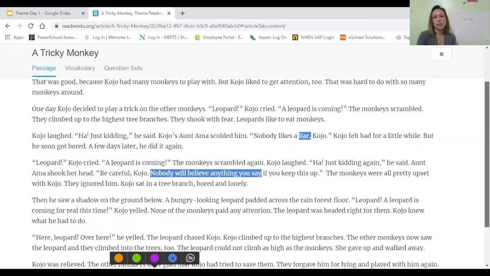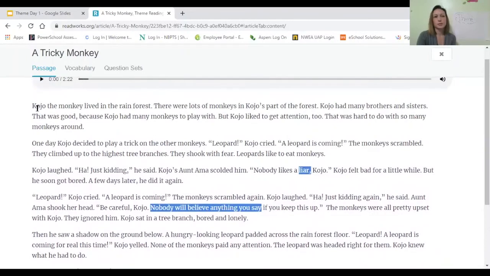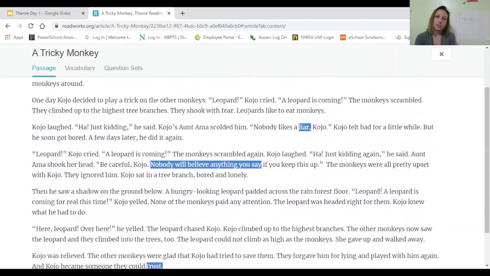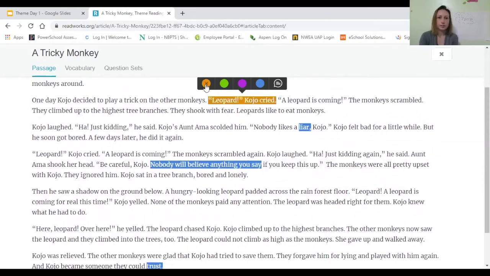So let's look at our character. Kojo the monkey was our main character. Now, what is the conflict in here? He keeps saying that there's a leopard. He's crying, leopard.